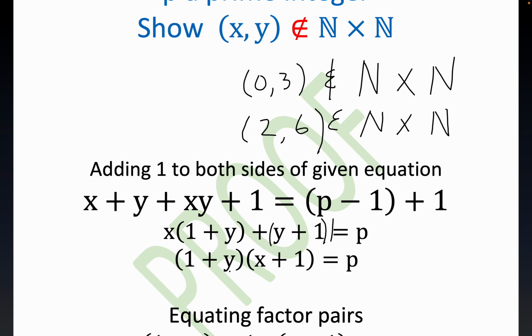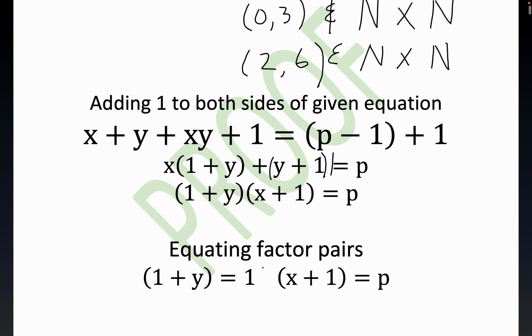So we have 1 plus y, and again, remember y and x are supposed to be positive integers. Because p is prime, p is either equal to 1 times itself. We'll write 1 dot p for emphasis.